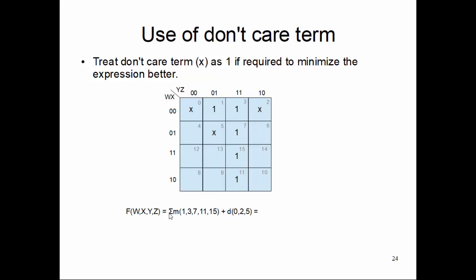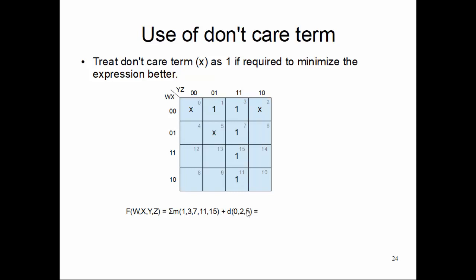My SOP is, let's say, the sum of 1, 3, 7, 11, 15, and D, as in don't care, is 0, 2, 5. So what does it mean? Remember, these are the minterms we are talking about: minterm 0, minterm 2, minterm 5.